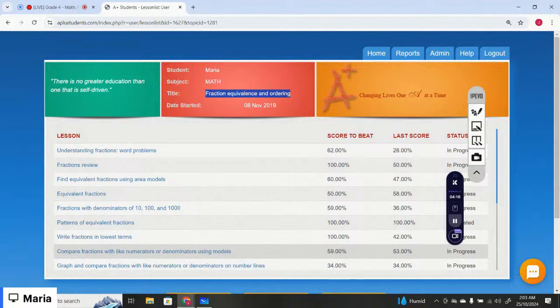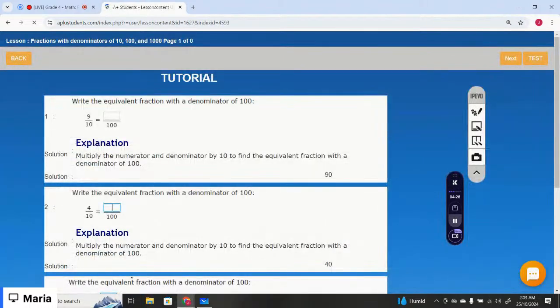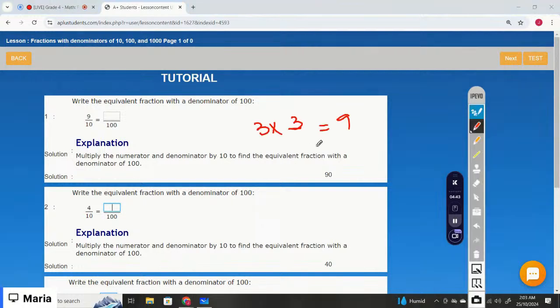Here I am on grade 4 math. The chapter we are on right now is fraction equivalence and ordering. Let's start with the lesson that is fractions with denominators of 10, 100, and 1000. Write the equivalent fraction with a denominator of 100. So the fraction is 9 over 10 and that equals the missing number over 100, right?